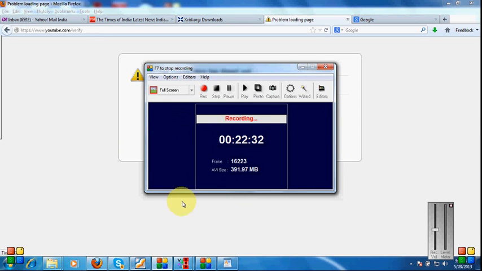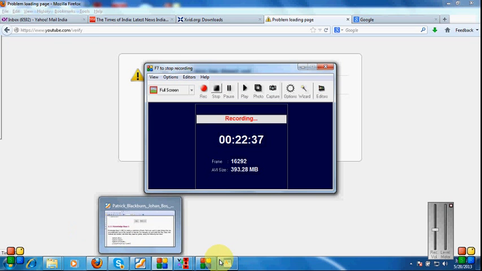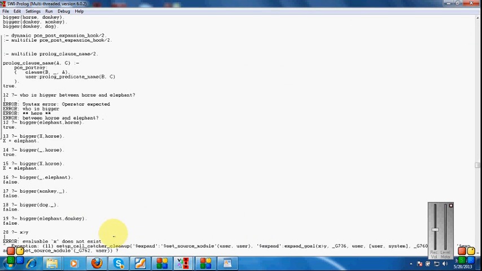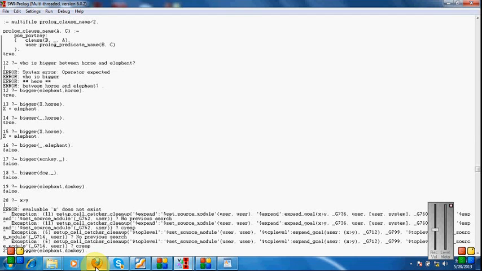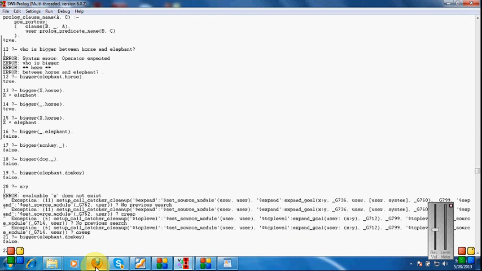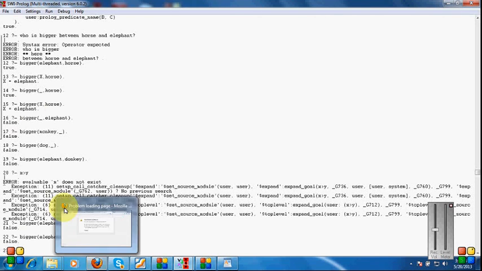Once I code it, it will understand, and it will also answer whether the elephant is connected to the donkey, bigger(elephant, donkey), and basically how we can generate the answer of bigger(elephant, monkey) to be true. This is my next lecture, in which I will try to generate the answer of this question to be true. There are two possible ways, I will tell you.